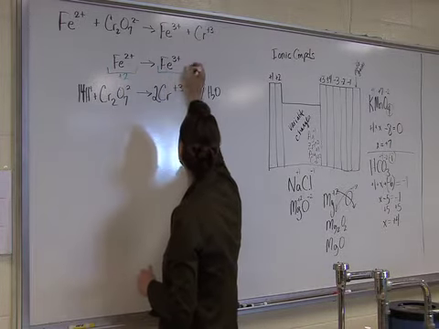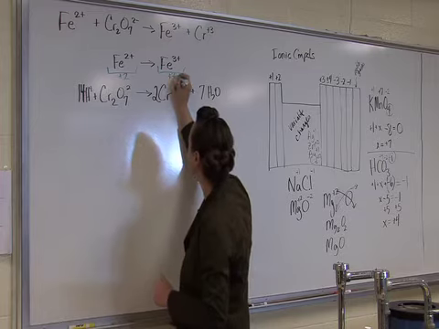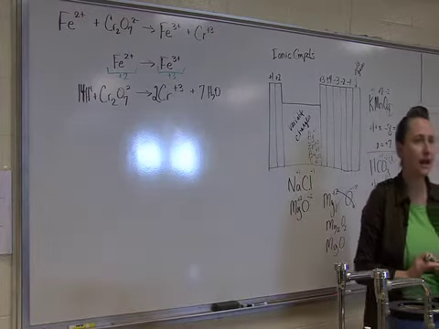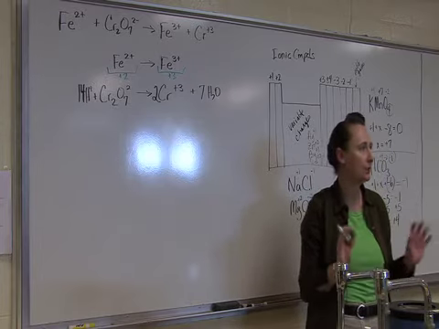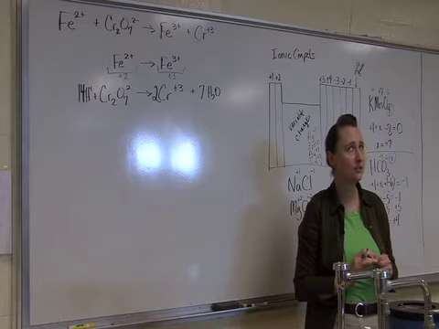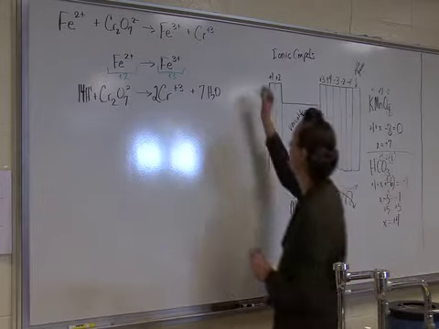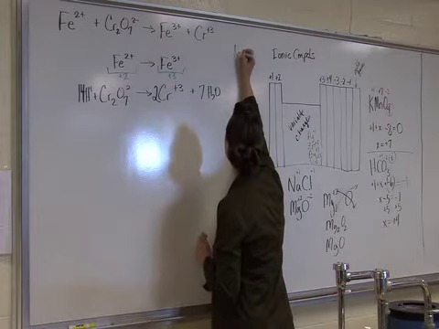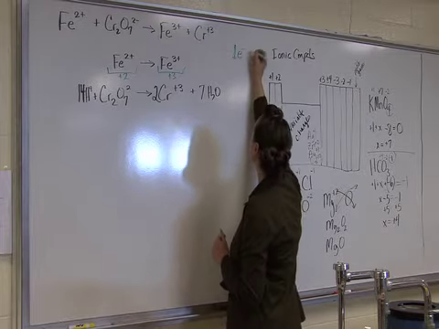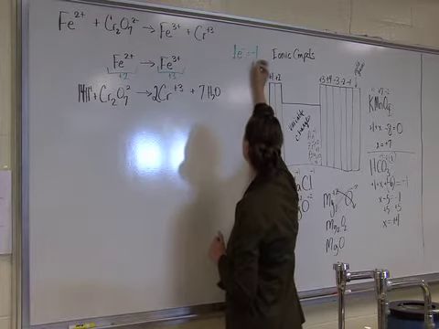What's the total charge here? +3. I need to add electrons to one side in order to make both sides equal in charge. What charge does an electron have? All right, so electrons, one electron, we represent it like that, has a -1 charge.